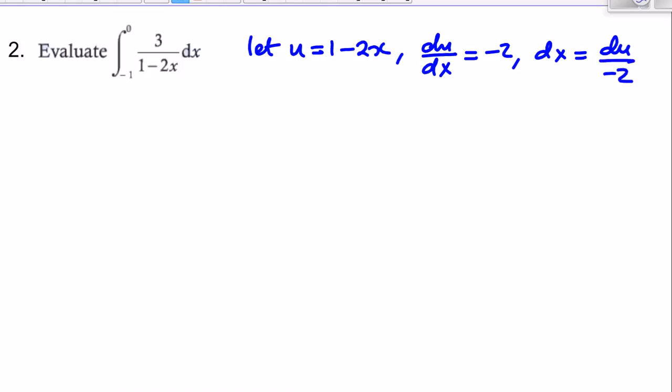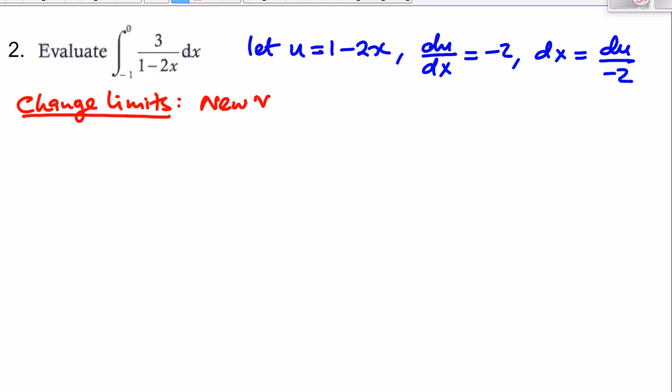Now, remember, this integral has limits, but once we substitute u into this integral, these original limits are for the values of x. But once we substitute u, we are going to end up with an integral with respect to u. Which means that we have to change the limits. What I mean here is, since we have a new variable of integration, it means we need to have new limits.